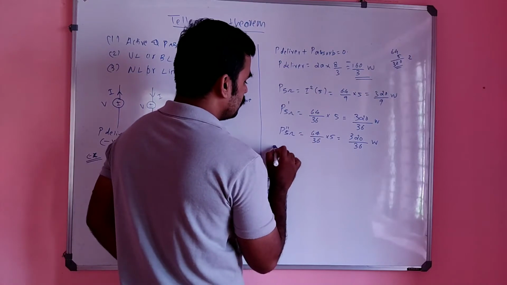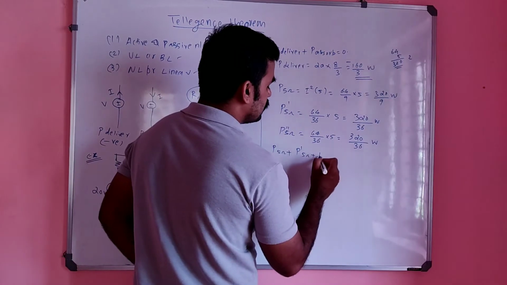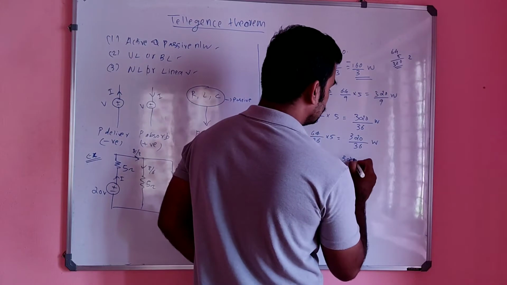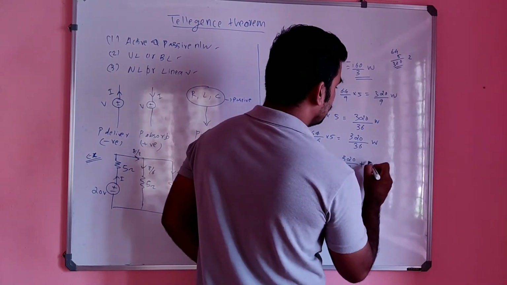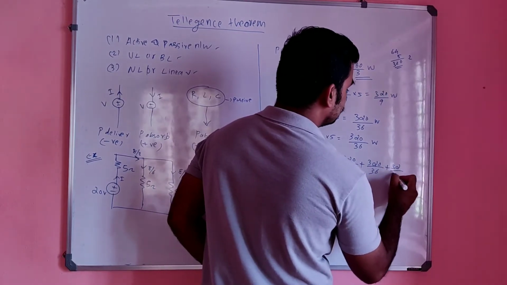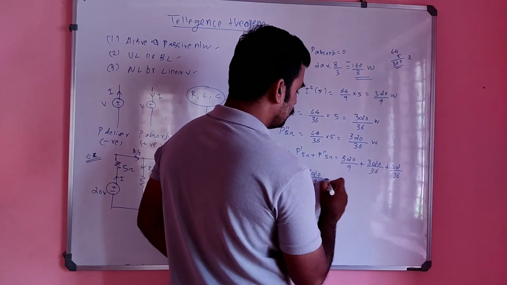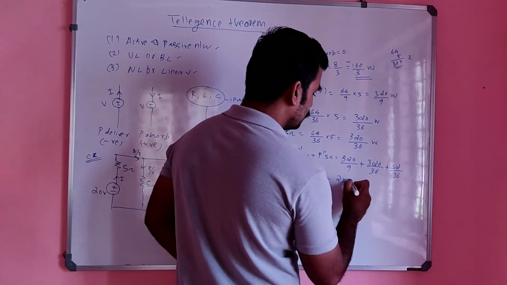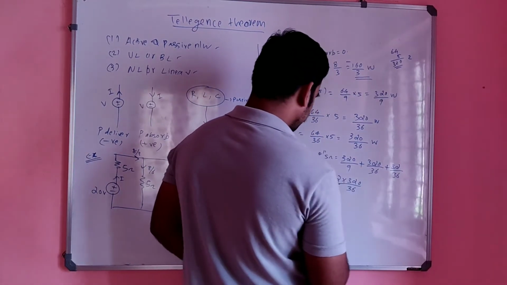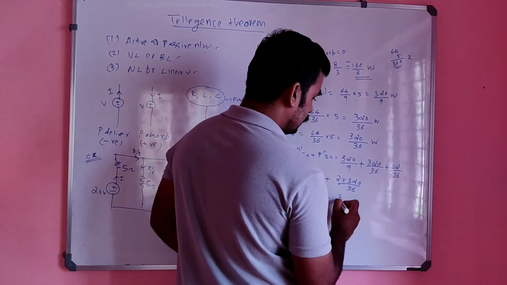That means P 5 ohm plus P dash 5 ohm plus P double dash 5 ohm equals 320 by 9 plus 320 by 36 plus 320 by 36, which is 320 by 9 plus 2 into 320 by 36, that is 320 by 9 plus 320 by 18.